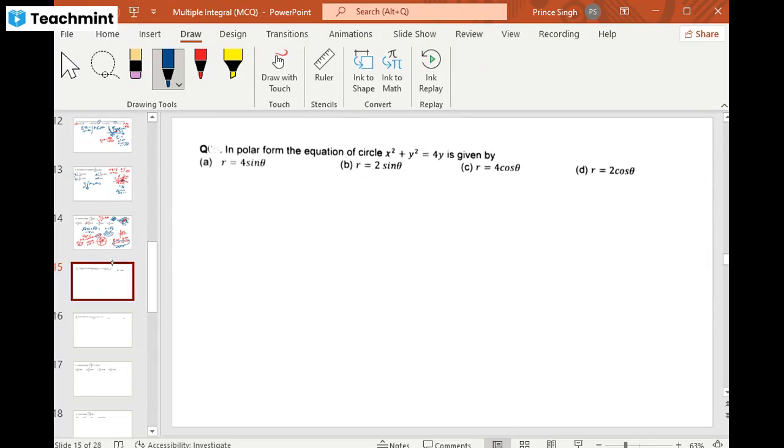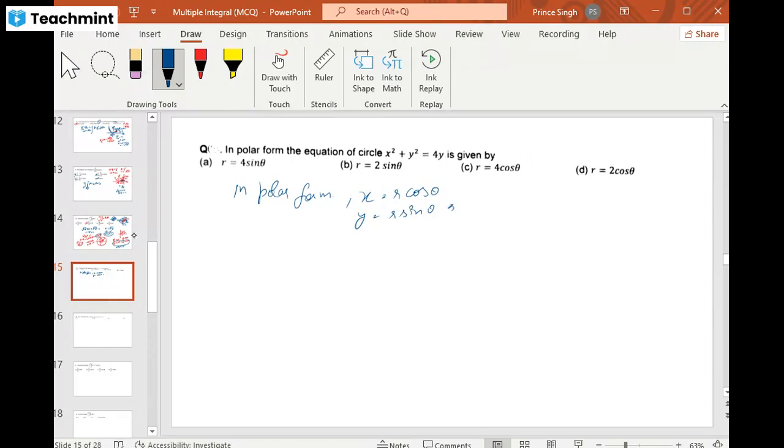In this question, we want to represent the equation of a circle in polar form. The equation of the circle is given as x square plus y square equals 4y. In polar form, we use the transformation x equals r cos theta and y equals r sin theta.